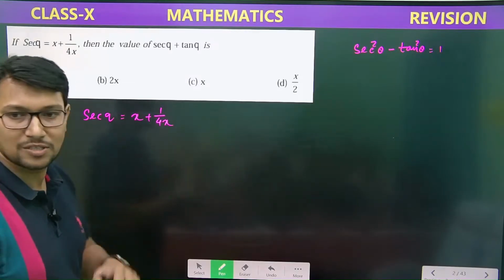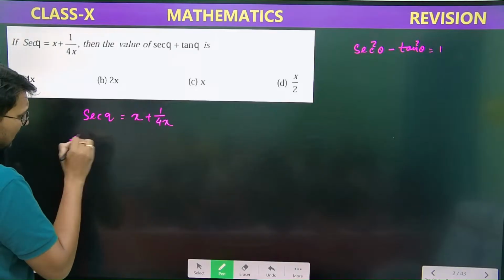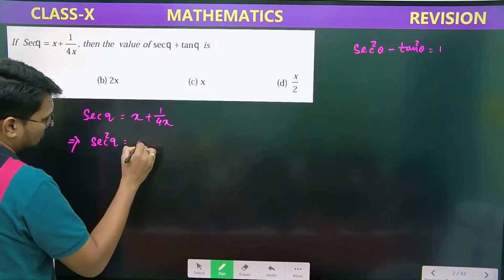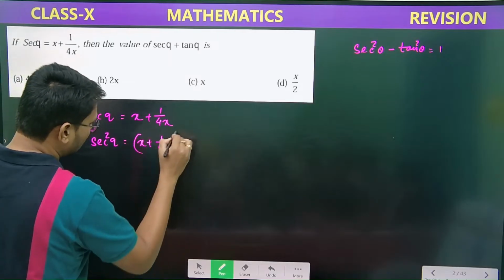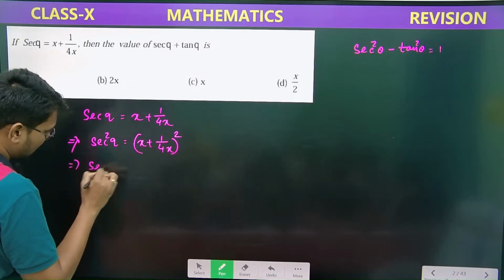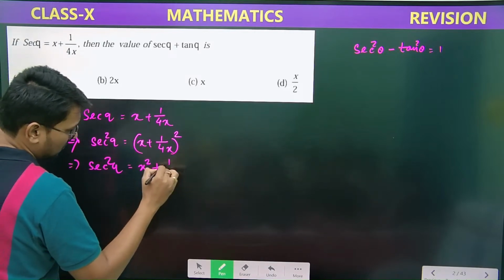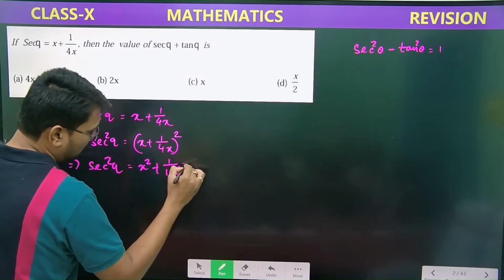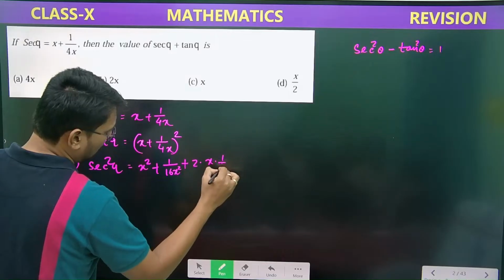Let us square both sides. So that is how much? Sec square q equals to x plus 1 by 4x whole square, right? So therefore, bachcho, sec square q equals x square plus 1 by 16x square, plus 2 into x into 1 by 4x.